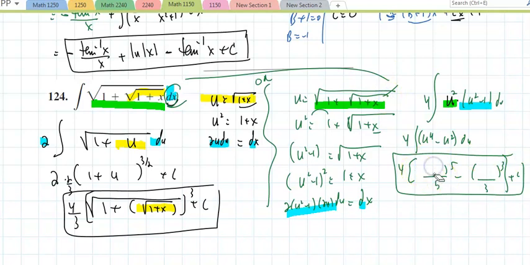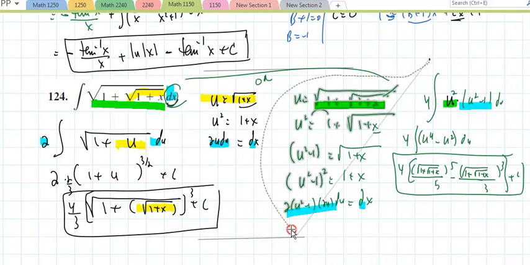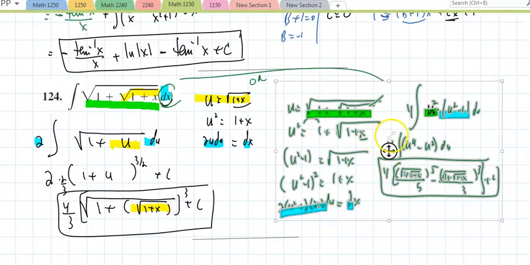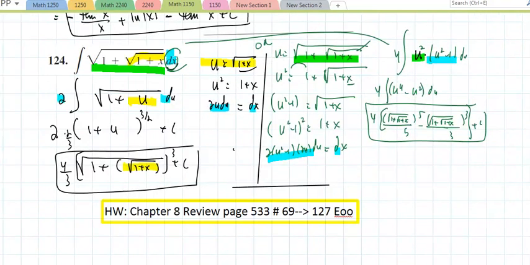Oh boy, I didn't realize it was that long. That should be the square root of 1 plus the square root of 1 plus x. And this was a minus, I believe, yeah. And that is the square root of 1 plus the square root of 1 plus x. And there's the homework.